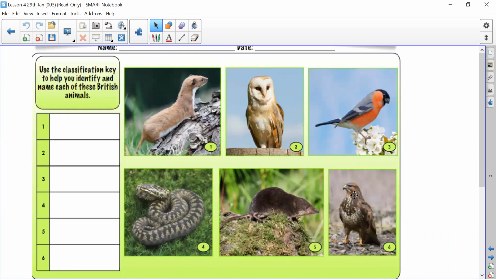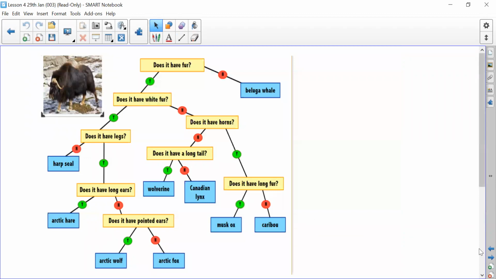So use the classification key to help you identify and name each of these British animals.